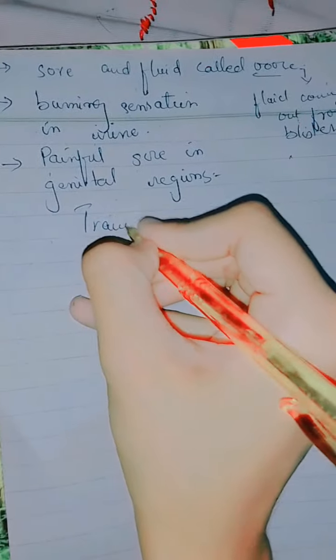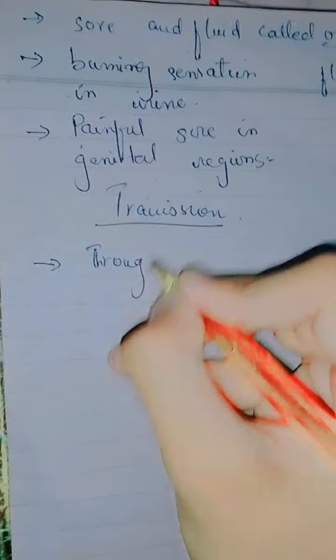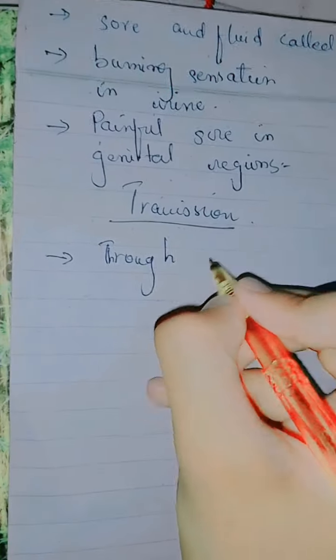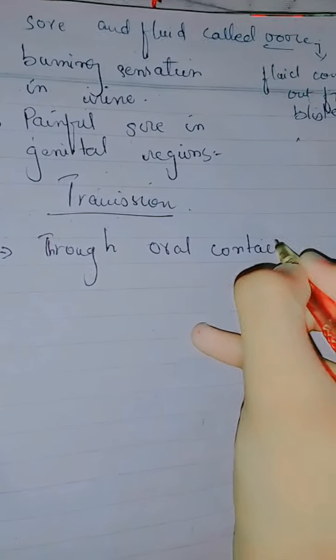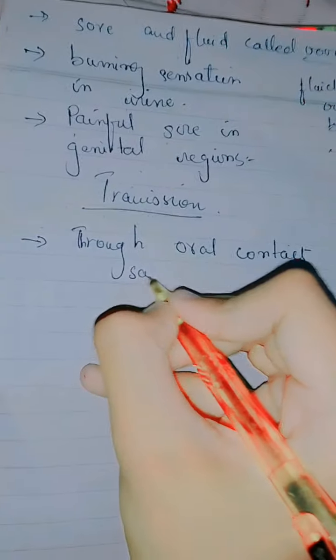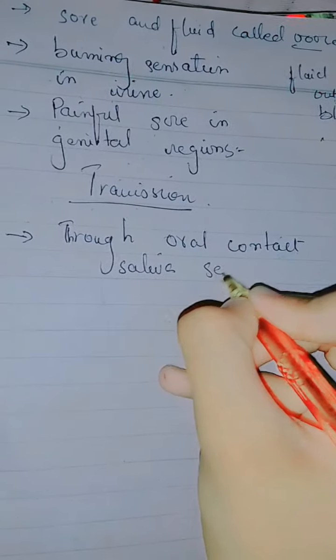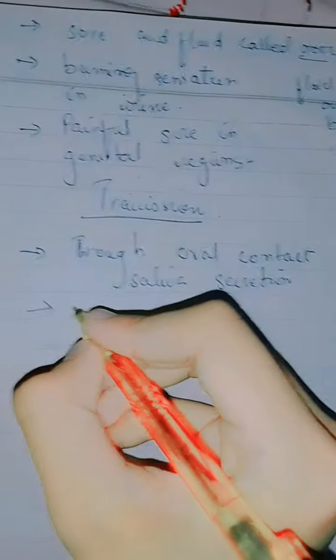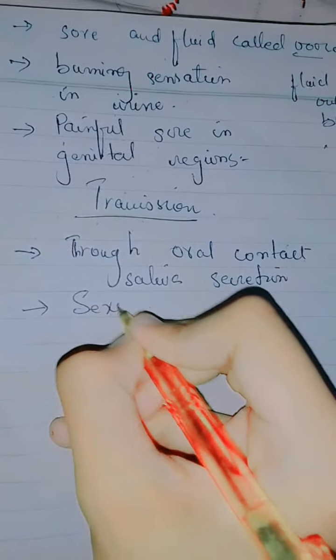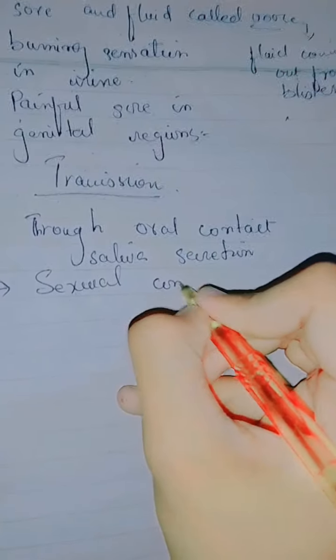So if we talk about transmission, that is how it can transmit from one person to another. First point, it can transmit through oral contact, through the saliva secretion. It can also transmit through sexual contact.